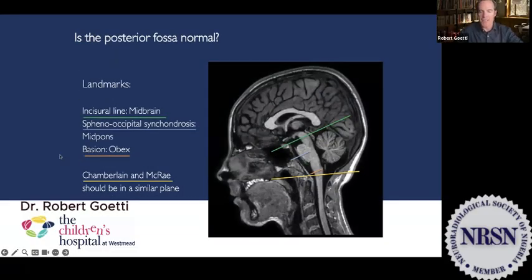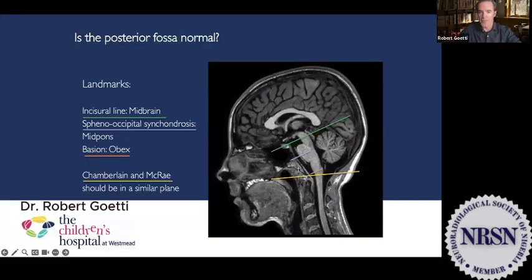So the first question we have to ask ourselves is: is the posterior fossa normal? I like to use these landmarks. The incisura line, which is drawn from the dorsum sellae through the incisura of the tentorium, should approximately go through the middle of the midbrain. If we draw a parallel line to this incisura line at the sphenooccipital synchondrosis, this should be about halfway between the incisura line and the basion.